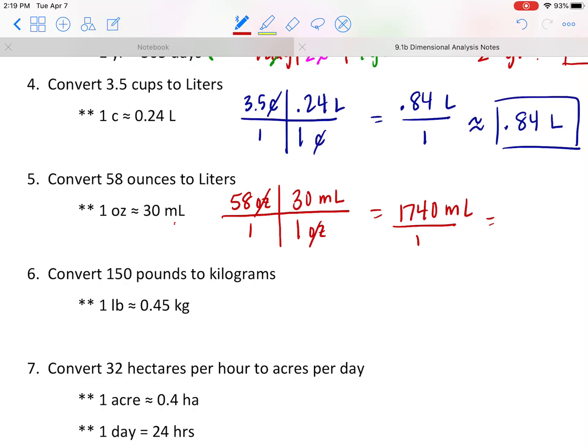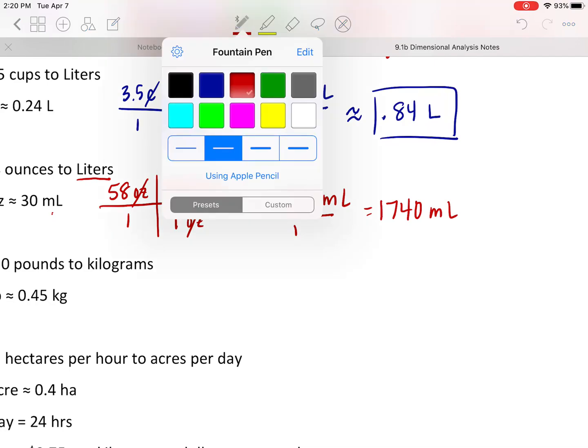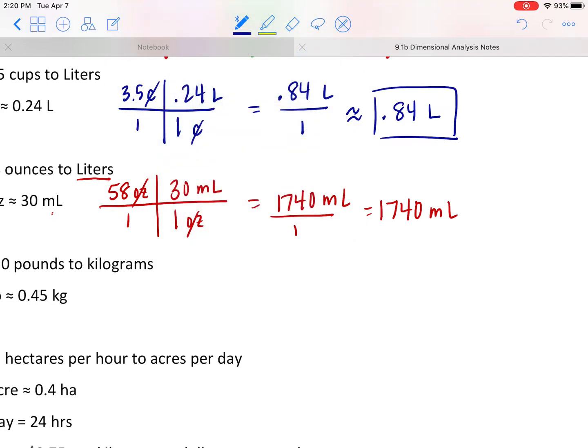So I can get rid of my ounces, and 58 times 30, I don't want to try to do any mental math and screw this up. It's 1,740 milliliters, and on the bottom is just 1. Now, if it asked for milliliters, we could stop there, but it actually asked for liters.